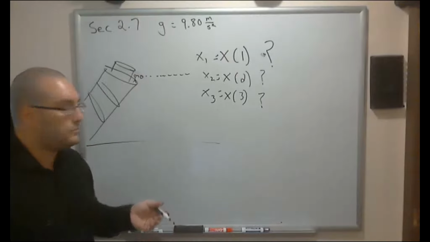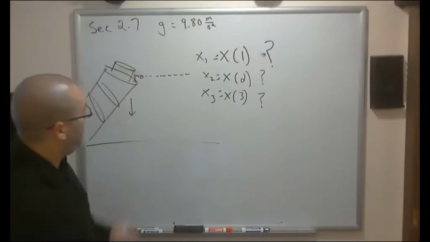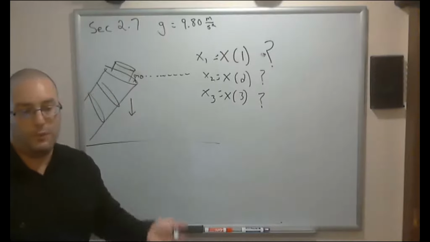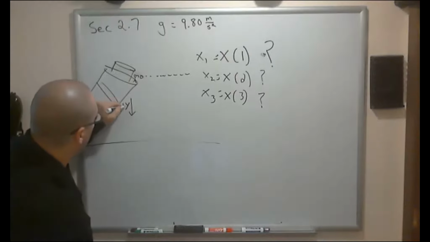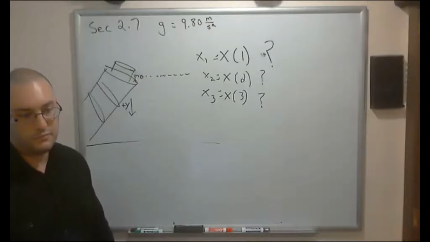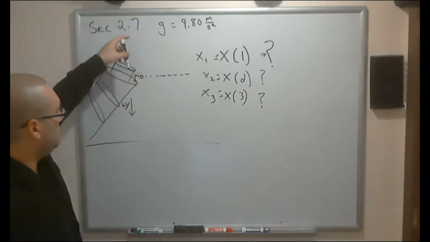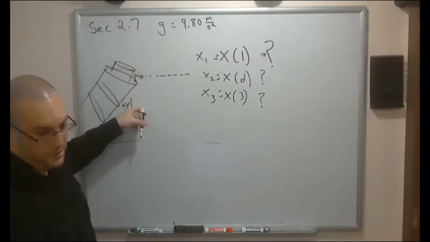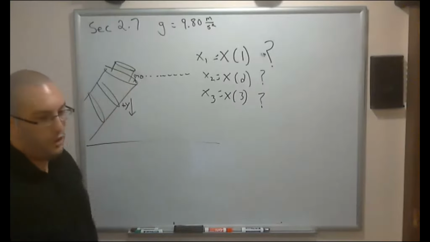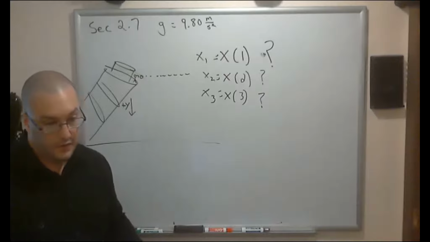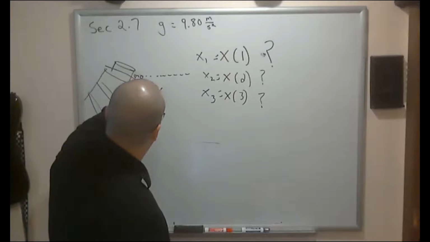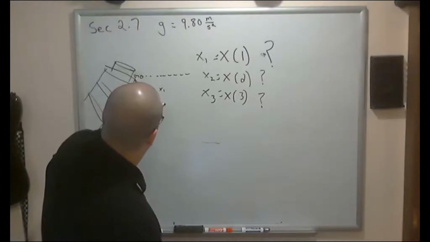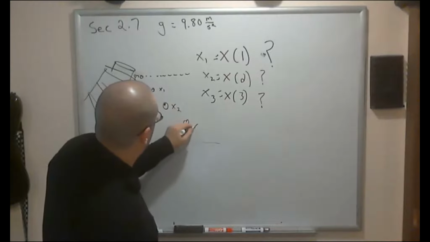Not only that, we'll conveniently call what you normally think of as down, or what we normally think as negative, positive y. So anything along this direction, the acceleration or the ball moving, will be positive, because we just care about the distance that it travels. This is x1, and then a time later here, and another time later here.